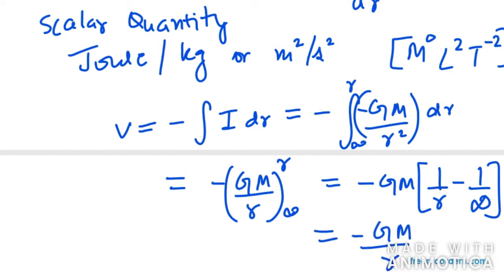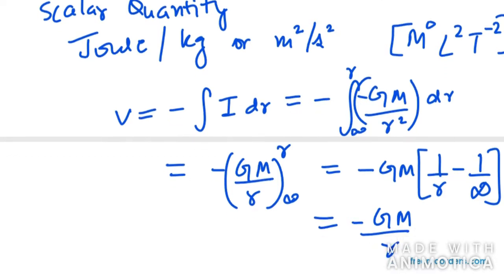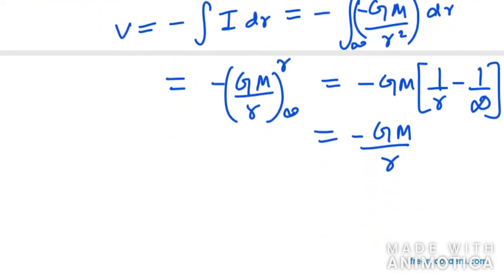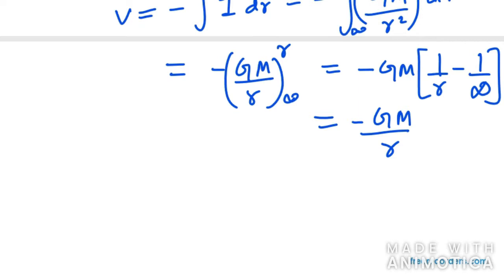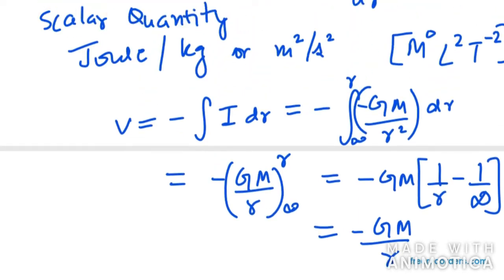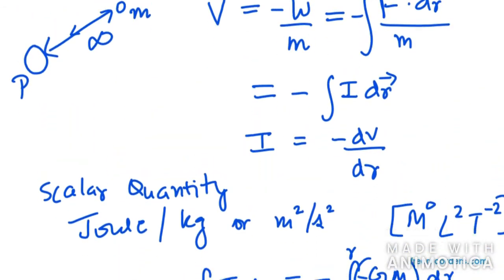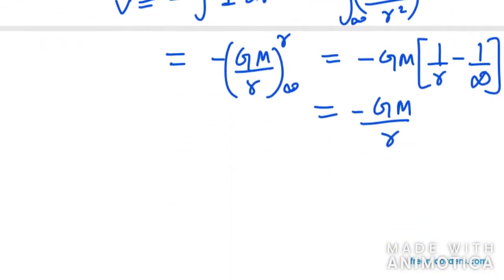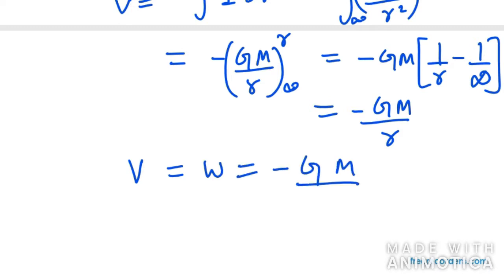So the work done is the measure of gravitational potential here, because the gravitational potential is minus Gm over r. So you can write that V is equal to W, that is equal to minus Gm over r.